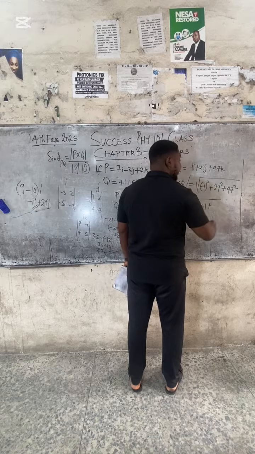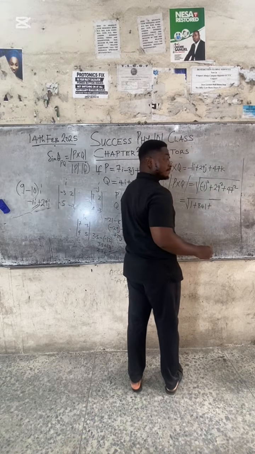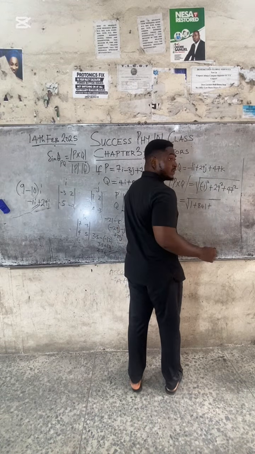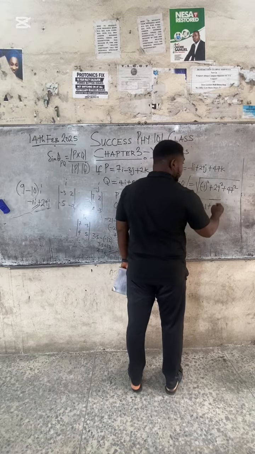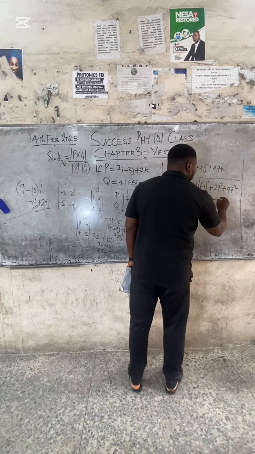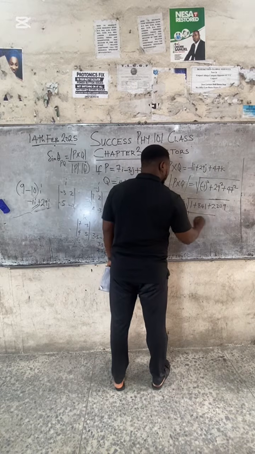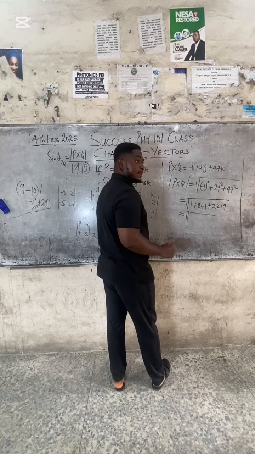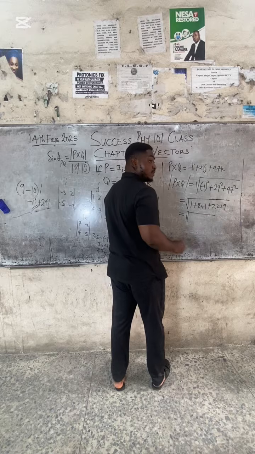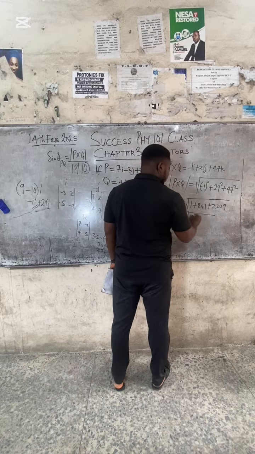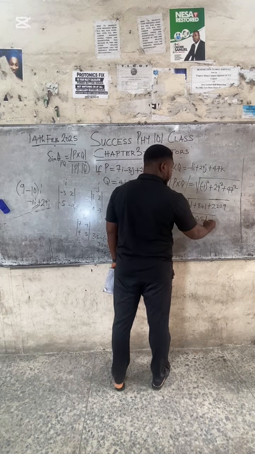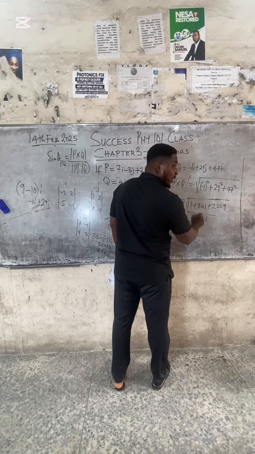47 square plus, quickly. 2209. Add it: 1 plus 841 plus 2209, 3051.